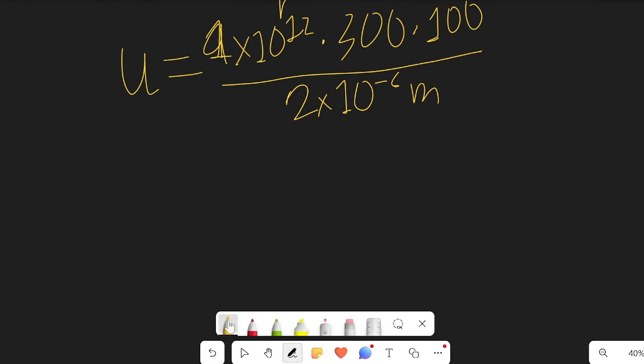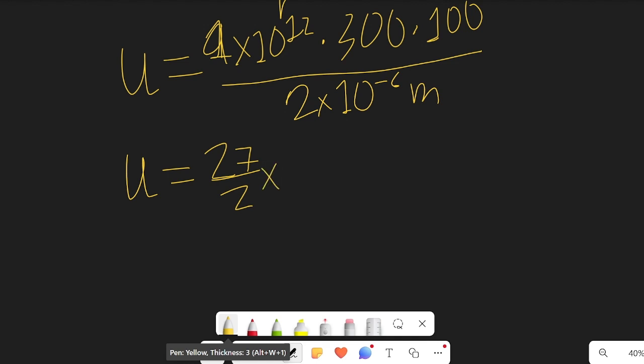So as you can see, when we simplify this, we will get that the potential energy is equal to 27 over 2 times, if we add in all the zeros, this becomes 10 to the 22 joules, which is a heck ton of energy. So this helps tie with what we had before, which essentially states that if 2 charges are super big, then they will have a lot of potential energy between each other. And if 2 charges are extremely close together, they will also have a lot of potential energy between each other.